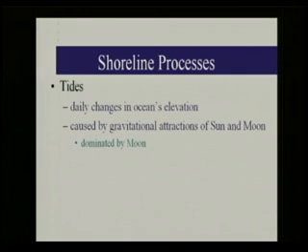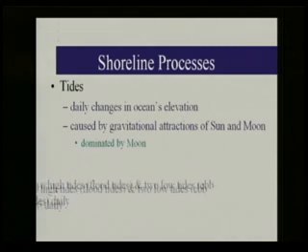So if the sun is so much bigger, why doesn't it exert a greater force? Well, also remember that Newton's law of universal gravitation specifies that the gravitational attraction is inversely proportional to the square of the distance between the two objects. So the moon is so much closer than the sun, and it will dominate the tidal force.